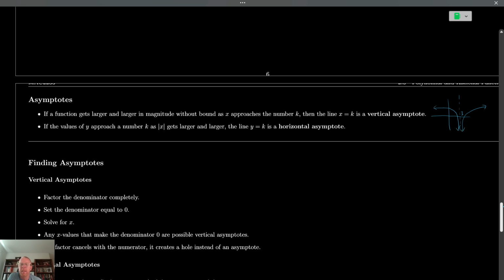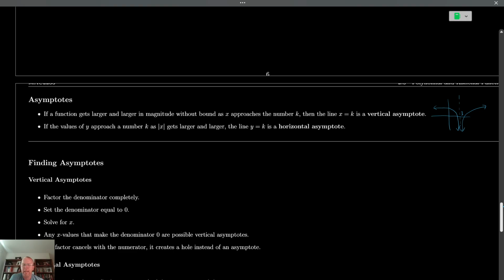With a vertical asymptote, the graph will never cross it, but it will get closer and closer. As x gets closer to 3 in this case, the graph will go towards negative infinity, and that number will get bigger and bigger on the negative end.